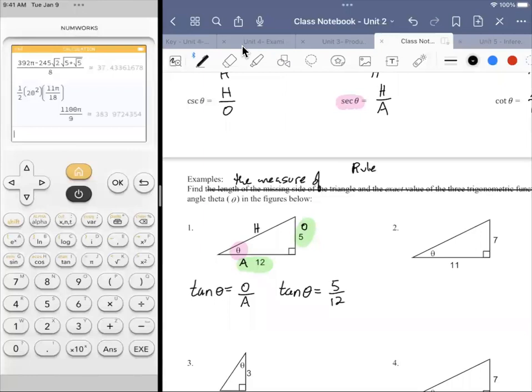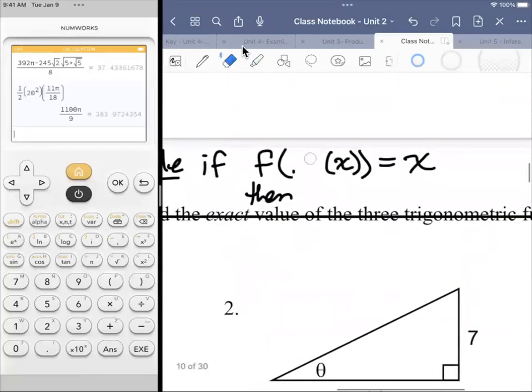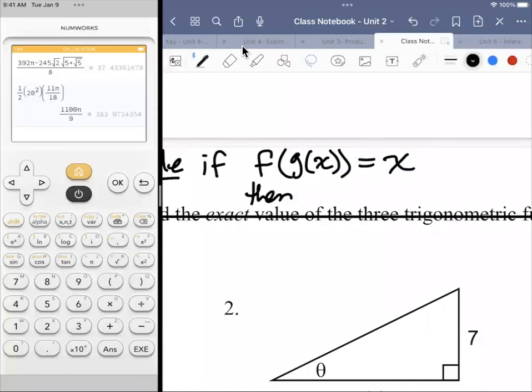If the composition of a function f and its inverse g is equal to the argument, which in this case is x, if you compose two functions and the result is just the variable, then f and g are inverses.